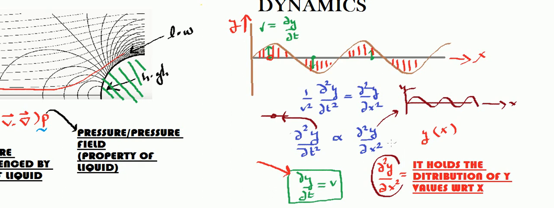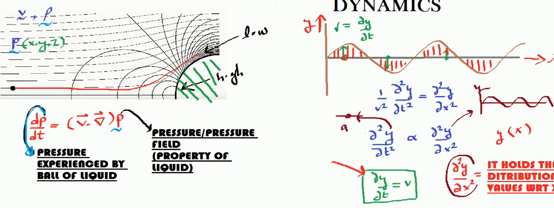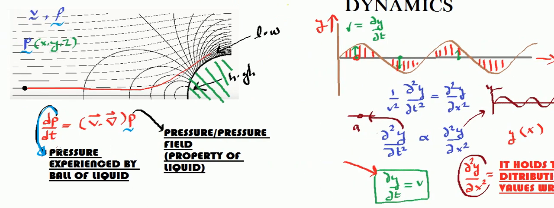And on the left hand side, it is nothing but acceleration of each individual oscillator at a particular x and a particular time. Similarly, the thing is same here. Here the left hand side carried the information about the individual particle.